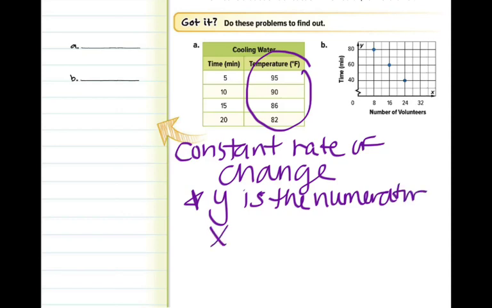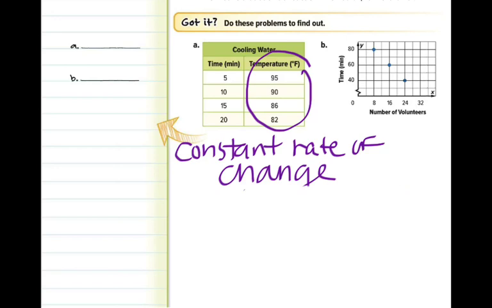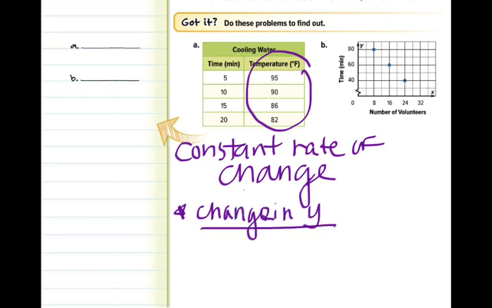Actually, let me take that back. The y is not the numerator, the change in the y. Okay, so the change in the y is your numerator. Change in x is the denominator.